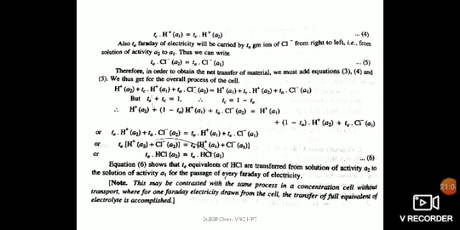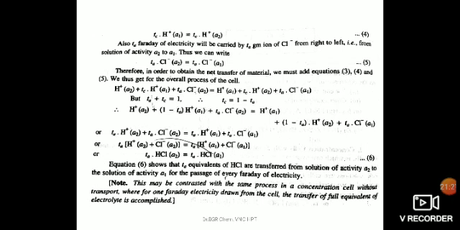So, adding equations 3, 4, 5, we get the equation as H plus A2 plus Tc H plus A1 plus Ta into Cl minus A2 giving rise to H plus A1 plus Tc into H plus A2 plus Ta into Cl minus A1.